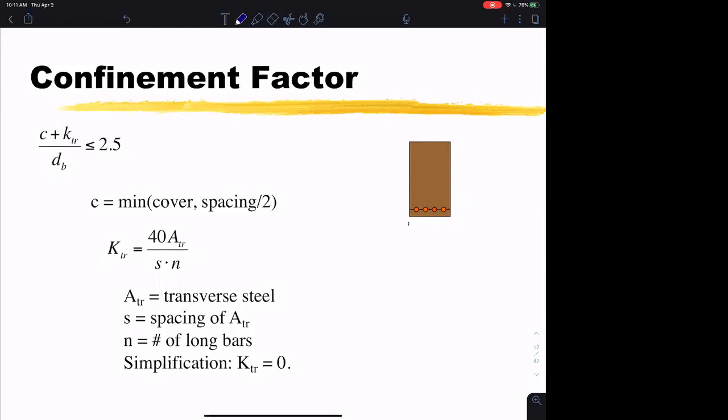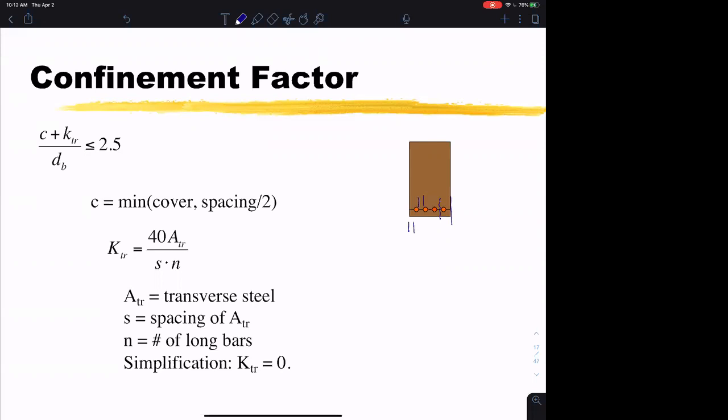So this is the cover, which is usually 2 inches, or 1.5 inches, or this spacing divided by 2, whichever's less. And you can think of it as tributary width, like that to that. So the left or right side, whichever's less, not bigger.